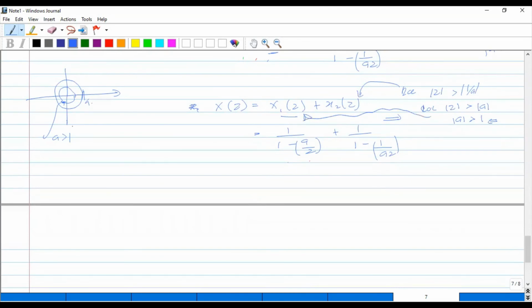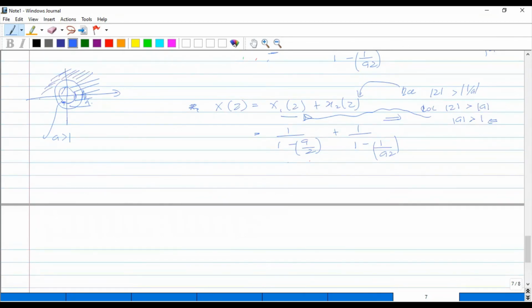If a is less than 1, the z value will be inside this a circle. So for this one, the second signal's ROC is this one, and the first signal x1's ROC is this one.